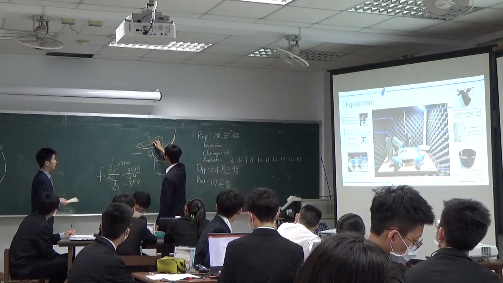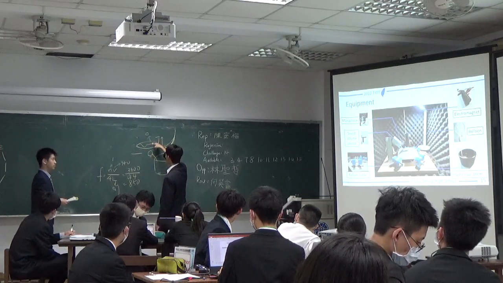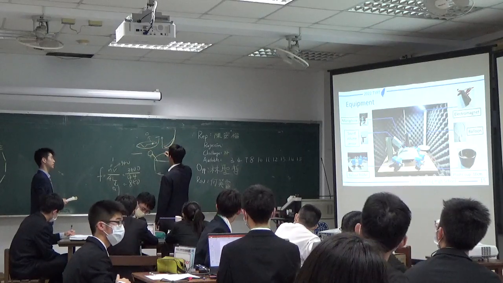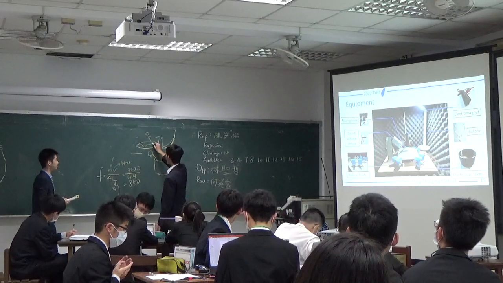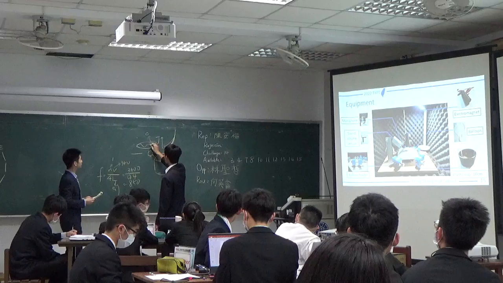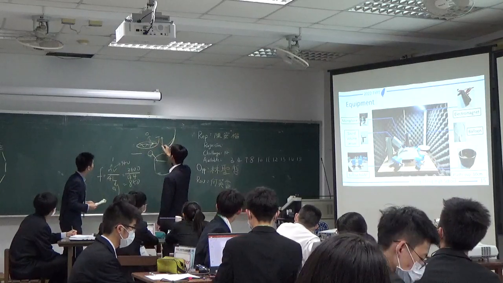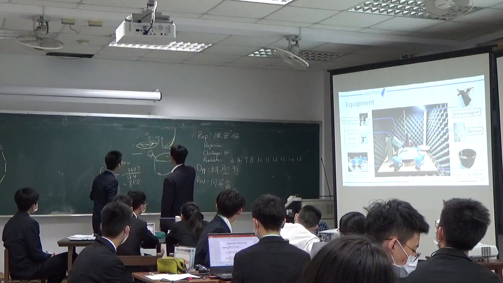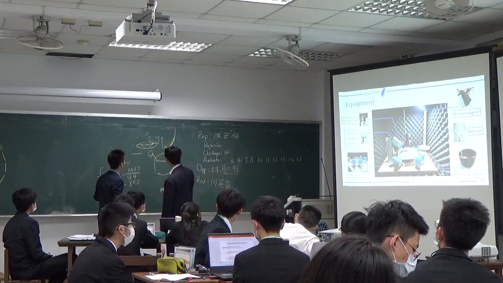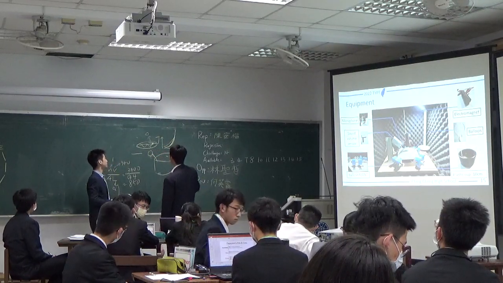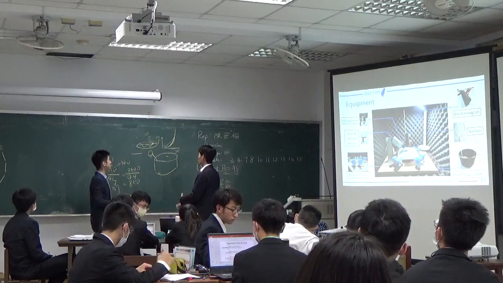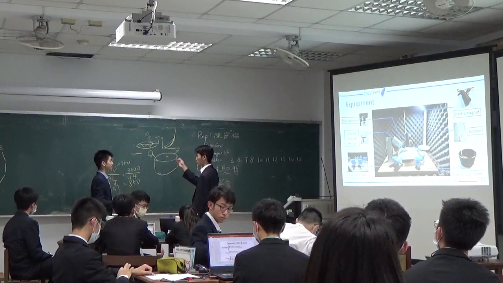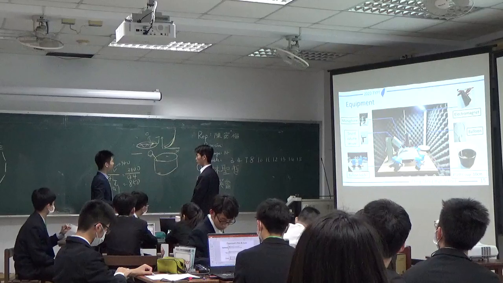So if we contact the ball over here, I believe that the standing wave would be very diverse. But we think that we could use fast Fourier transform to get the peak frequency, and we could observe the frequency using fast Fourier transform this way.